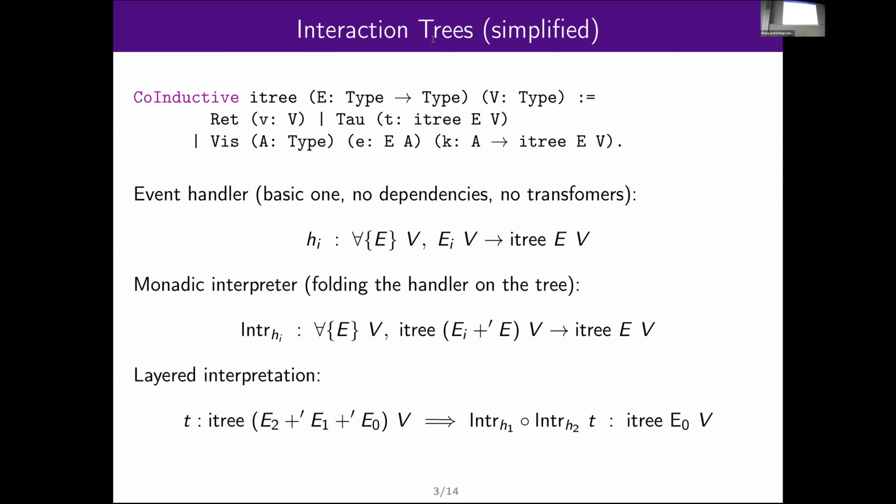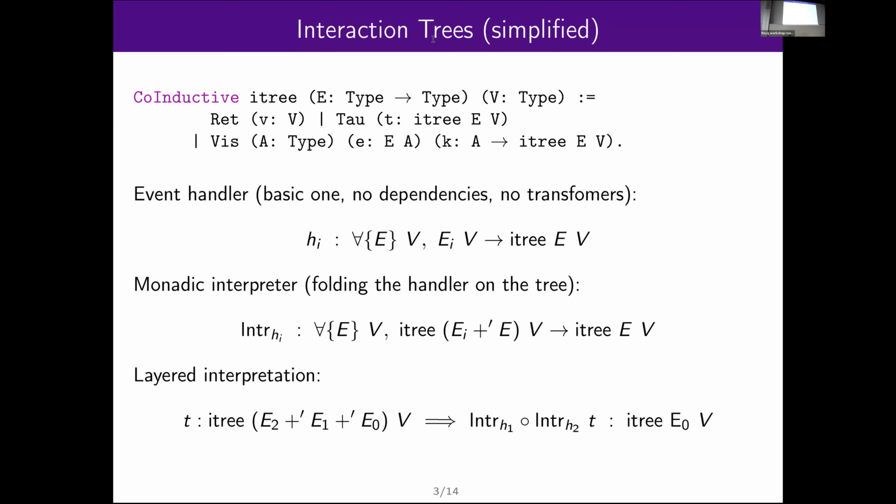One is the type family of events, E, and one is the return type that is going to be set in advance. So basically, the interpretation is comparatively modular with respect to the possible events, because we can consider subfamilies of events and define event handlers which handle a specific subfamily of events.